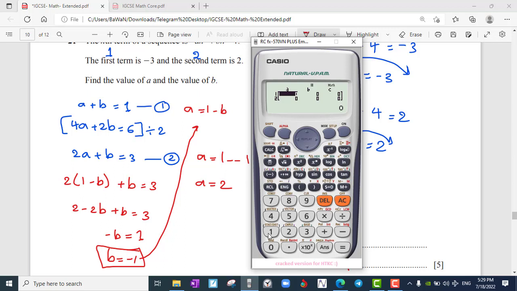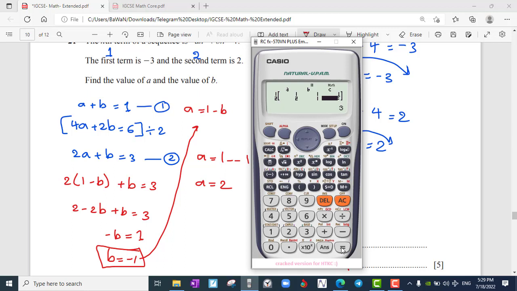We have 1A, I just press 1, plus B means 1B, equal to 1. And for the second equation, we have 2a plus b, that's 2, 1, and equal 3.